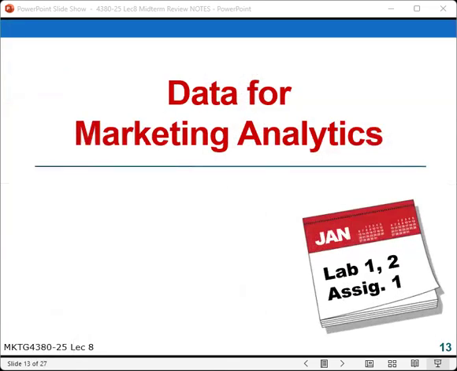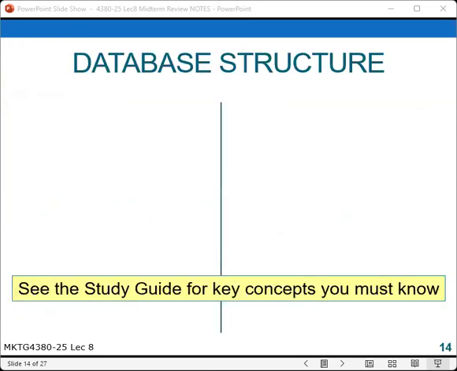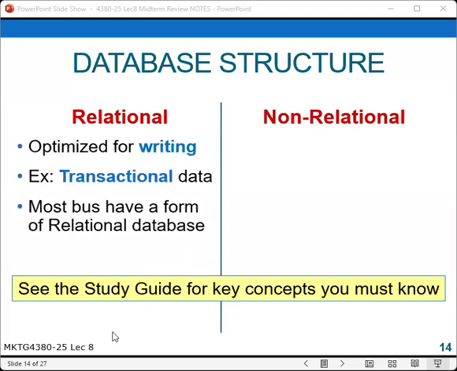Okay, so this was in labs 1 and 2. We looked at how data is stored and used in analytics using Access as a simple example. So here we've got the two main types of database structure: relational on the left and non-relational on the right. The relational database, when we're working in Access, is optimized, as it says, for writing.